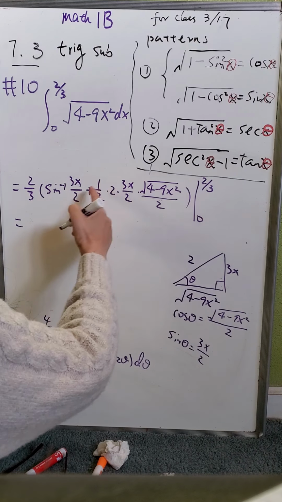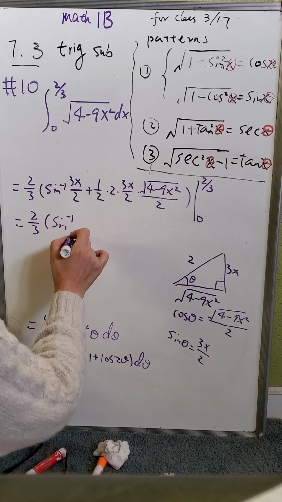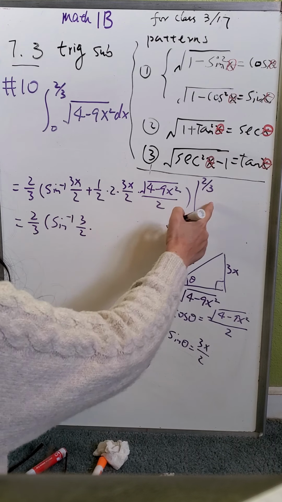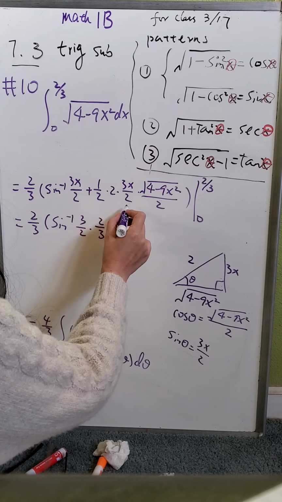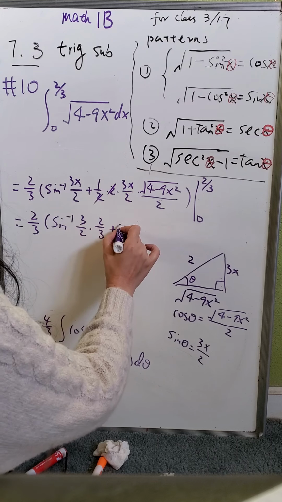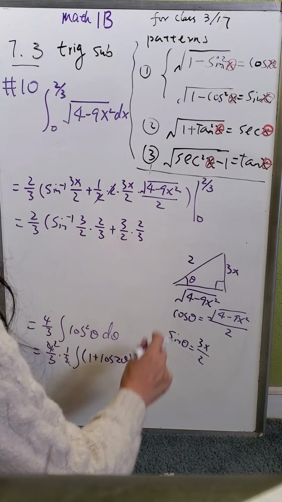Now I'm going to put it inside here. So 2/3 sine inverse 3 over 2 times by 2 over 3. Okay, x equal 2 over 3. And this is reduced here. Plus 3 over 2 times by 2 over 3. Same thing.